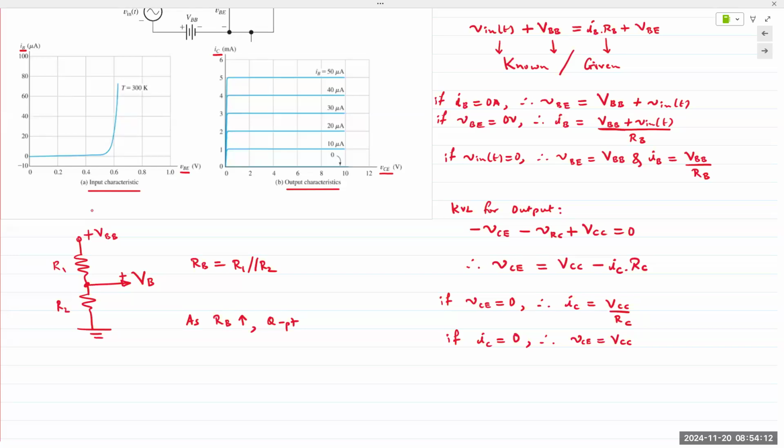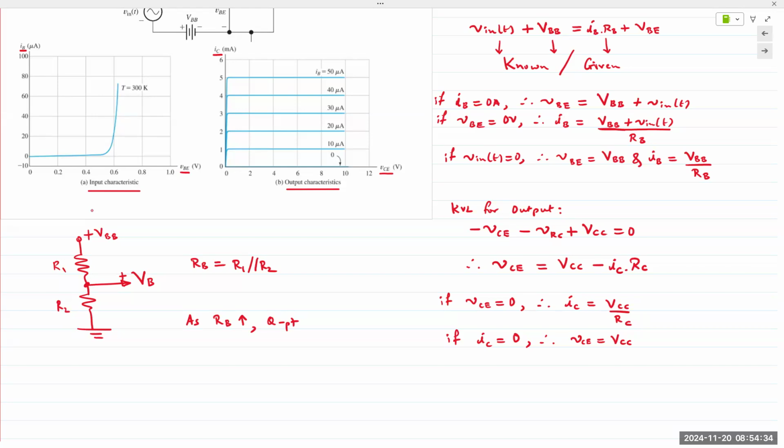Ohm's law. So if RB increases, IB decreases, so your Q point on the load line moves down. If RB decreases, the reverse happens, and it moves up.